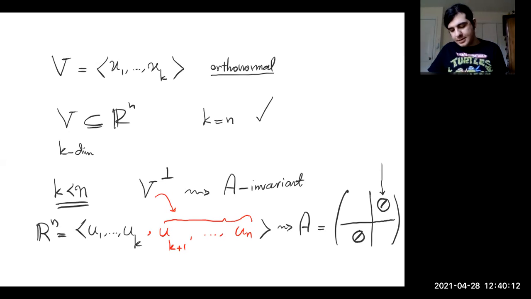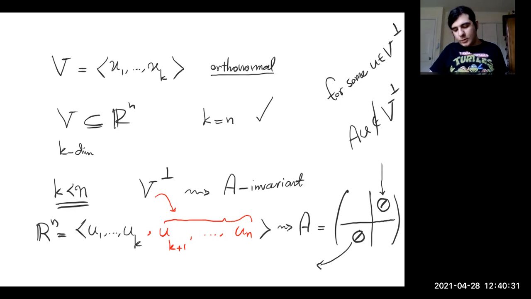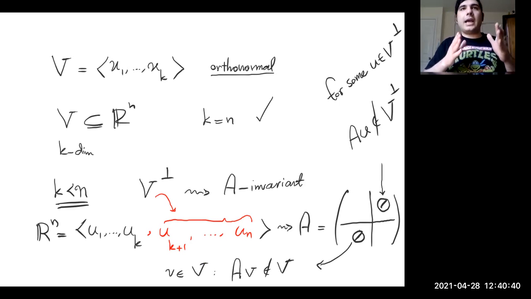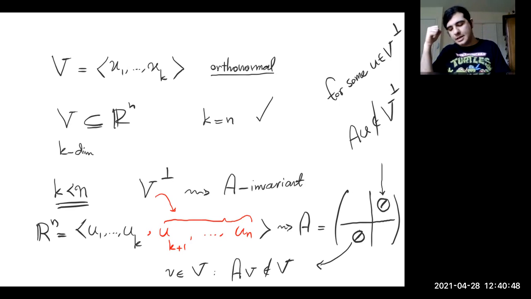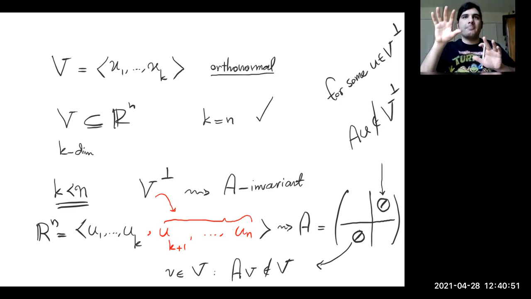So if this was non-zero, A times U wouldn't be completely inside V perp for some U in V perp. If this was non-zero, it would have meant there is some V where AV is not in V. So when we have a vector space V which is A invariant, and its normal is again A invariant, which is the case, these 2 blocks would be 0.